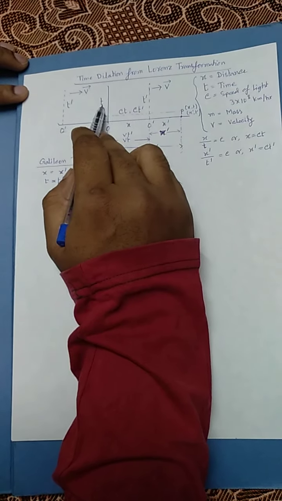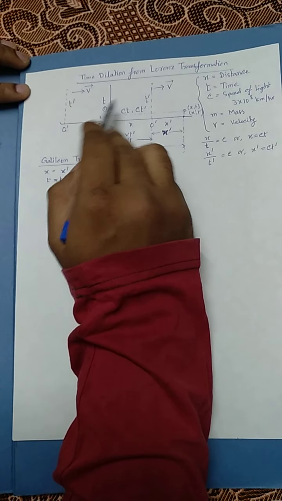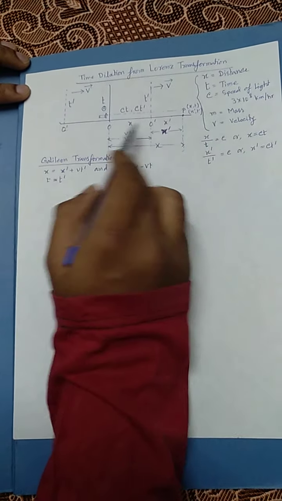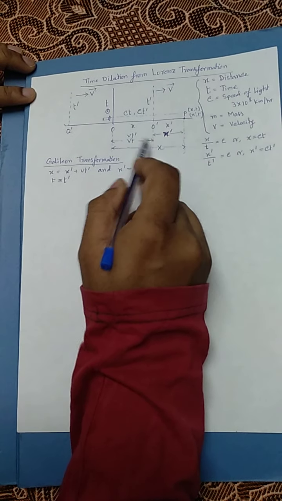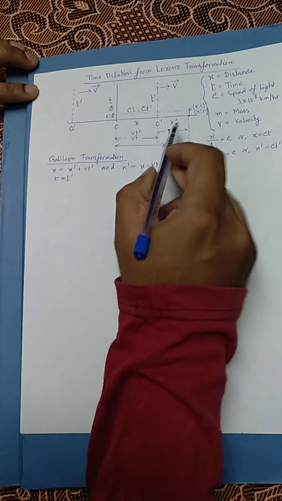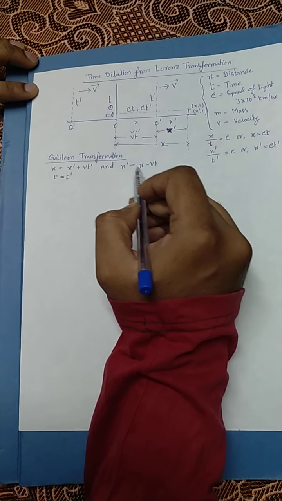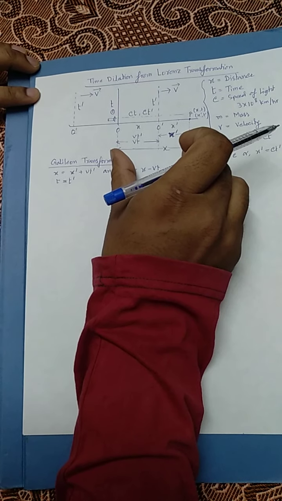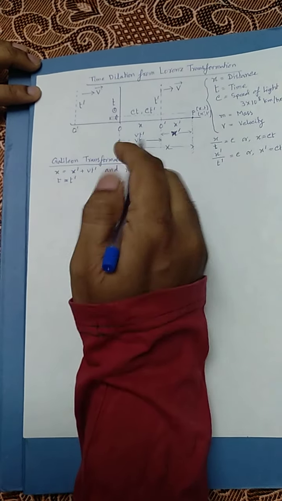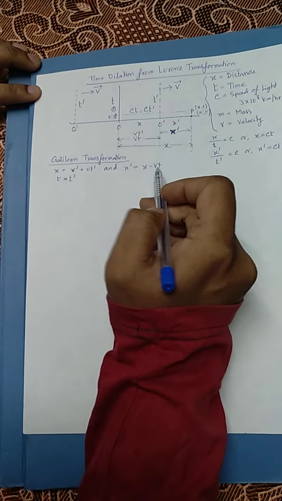I have assumed one time is t and another is t prime. So from here we have x is equal to x prime plus vt, and this length x prime is equal to x minus vt, because the total length is x, minus this length vt, so it is x minus vt.